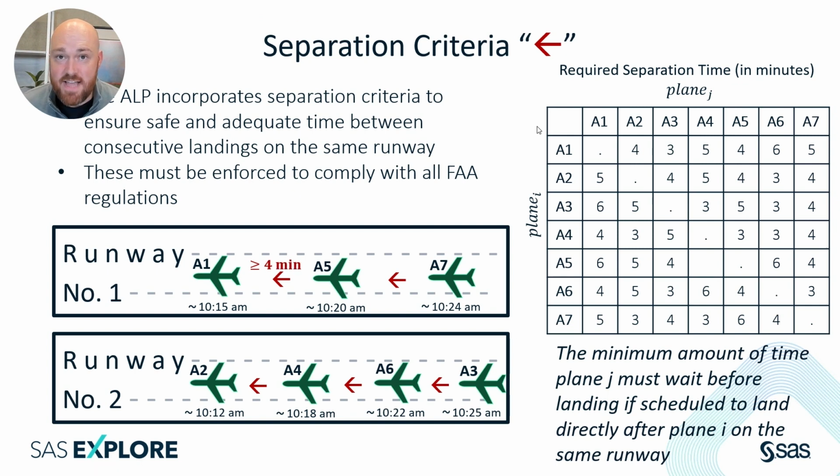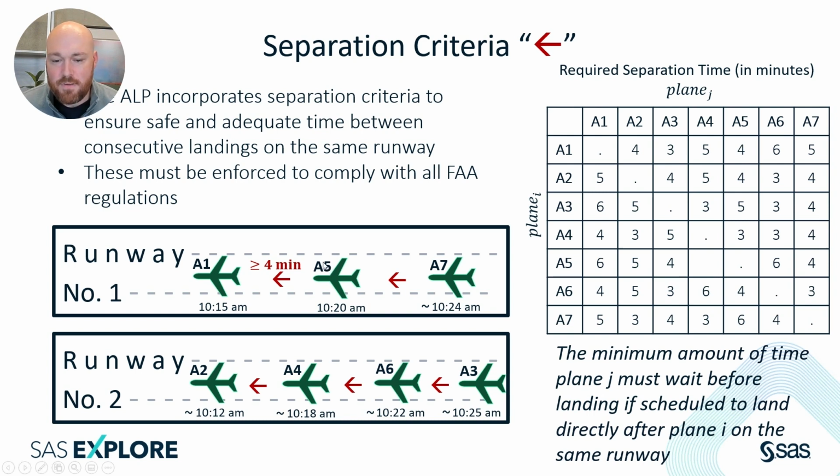As is, does that respect the separation time? Yeah, it does. Plane A1 can land at 10:15, and as long as plane A5 lands at 10:19 or later, that separation criteria is upheld. And so we can assign these landing times of exactly 10:15 and exactly 10:20.